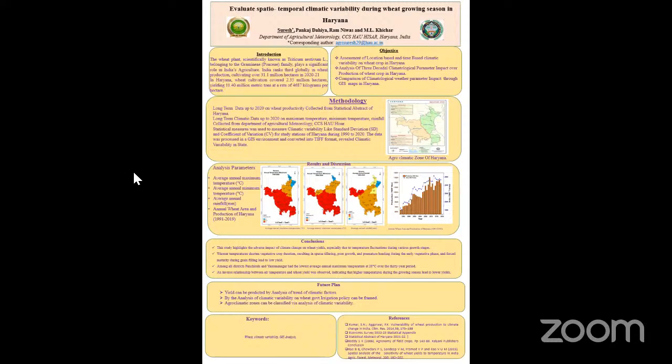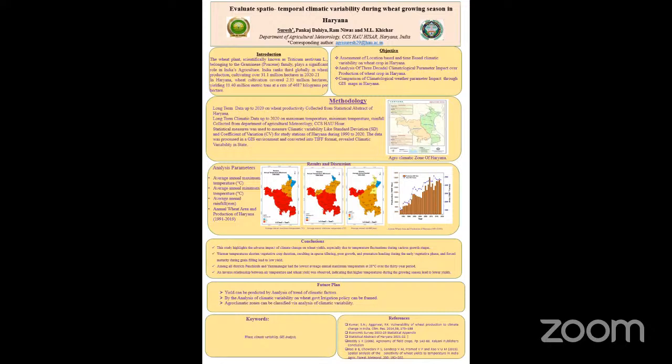Let's come to results and discussion. In the 30-year secondary data analysis, we have four analysis parameters: average maximum temperature in degrees Celsius, average annual temperature, average annual rainfall, and annual wheat area and production of Haryana, 1990 to 2020.